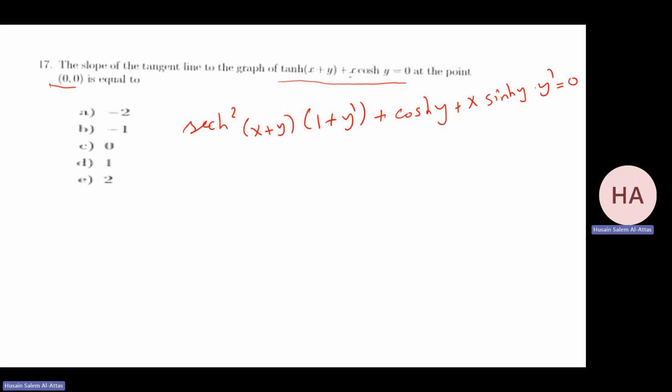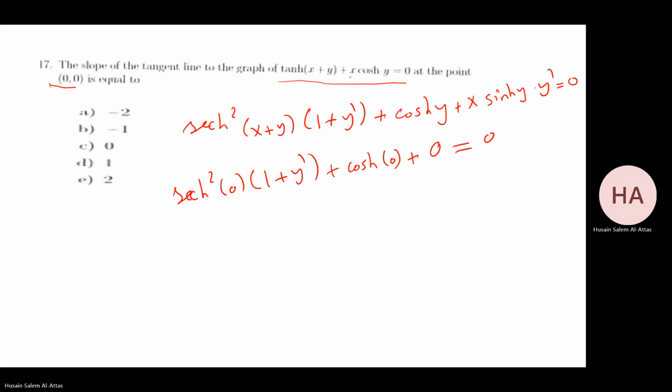I have the point (0,0). So sech squared at 0 times (1 plus y prime), plus cosh y, which is cosh 0, plus 0, equals 0. Sech 0 is 1, so I have 1 plus y prime, plus cosh 0, which is 1 also, equal to 0. So y prime equals minus 2. And that's minus 2.